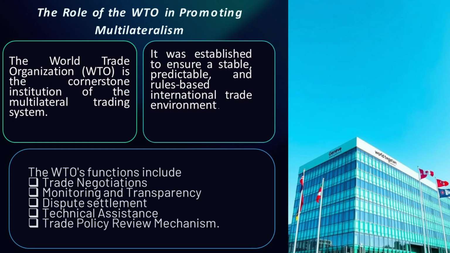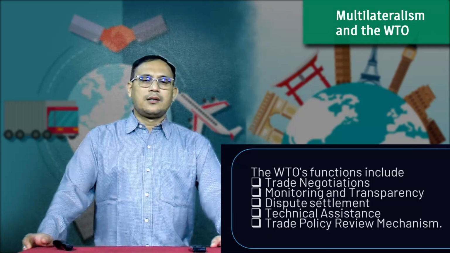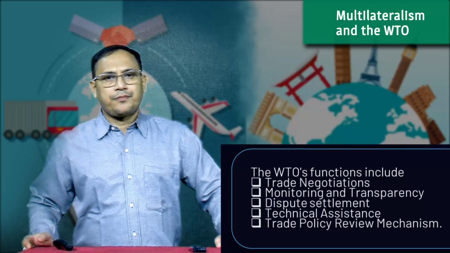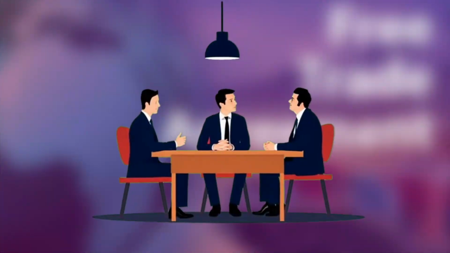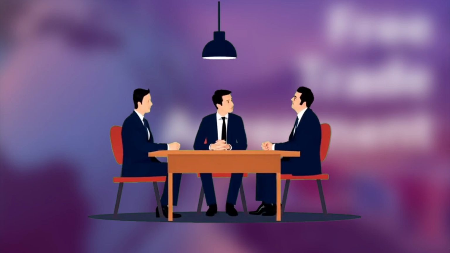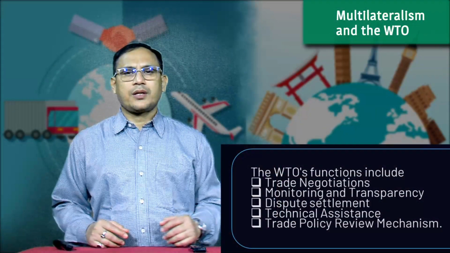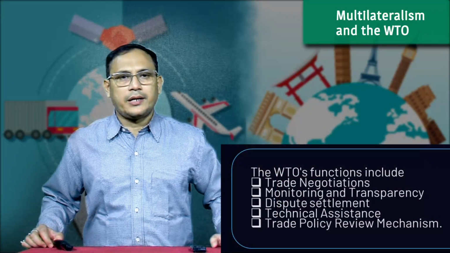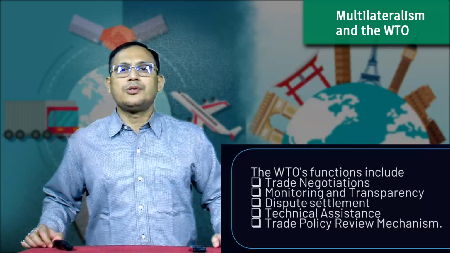Now, what are the functions of the World Trade Organization that ultimately lead to promotion of multilateralism in global trade? The first important function is trade negotiation. The World Trade Organization serves as a platform for negotiations among the member countries to address trade barriers, reduce tariffs, and develop new trade rules.